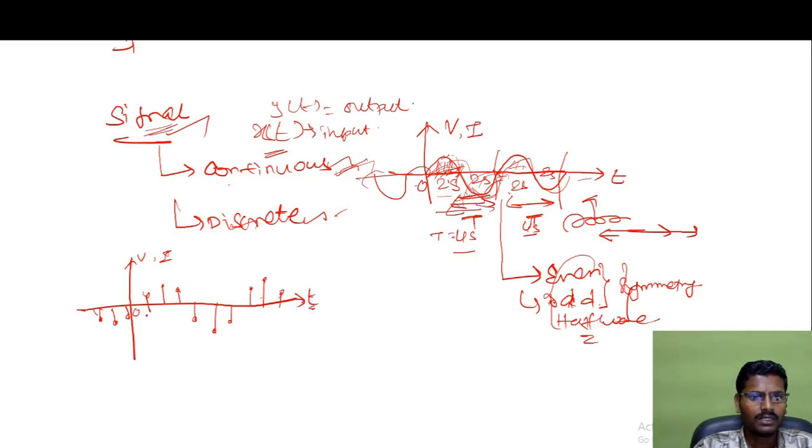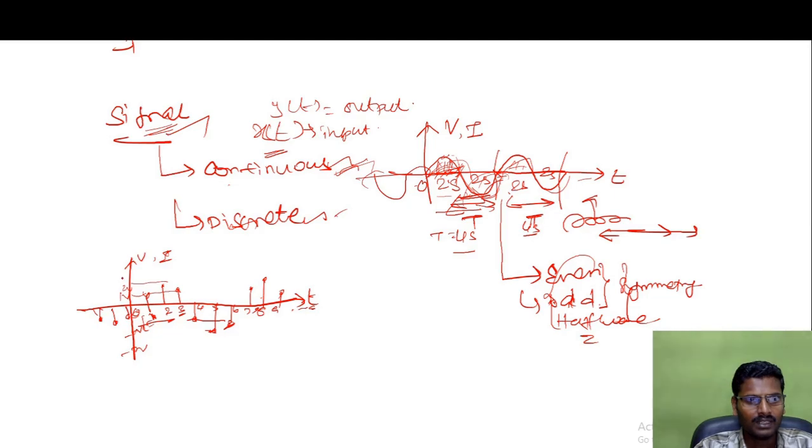At T equal to 0, the signal is 0. Let us assume the time intervals 1, 2, 3, and so on. When T is equal to 1 second, the amplitude is 1 volt, and when T is equal to 2 seconds, the amplitude is 2 volt. When T is equal to 3 seconds, the amplitude again decreases to 1 volt, and when T is equal to 4 seconds, the amplitude is minus 1 volt. When T is equal to 5 seconds, the amplitude is minus 2 volt, and when T is equal to 6 seconds, the amplitude is again minus 1 volt.